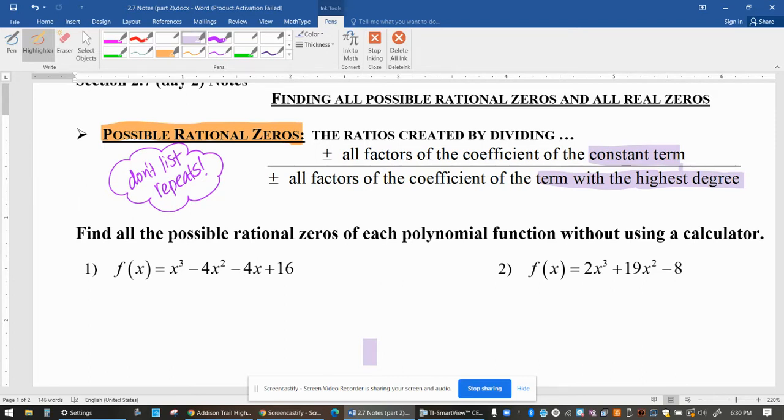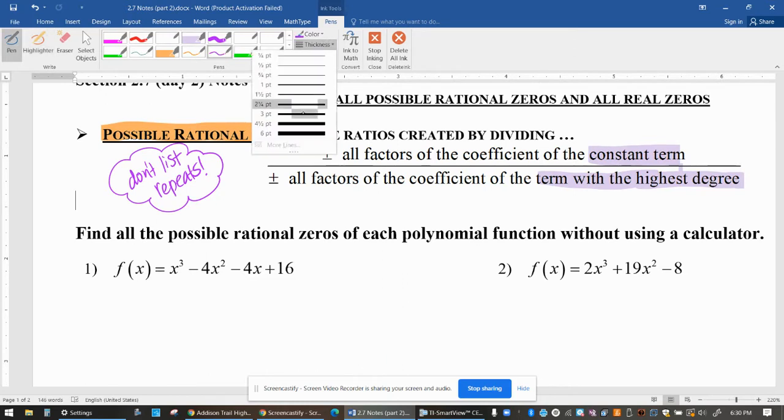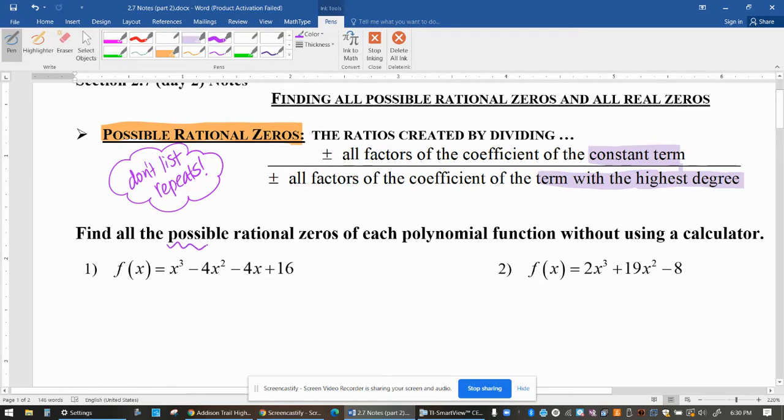They're asking you to find all the possible rational zeros. Remember, the word rational is another word for fractional. Rational numbers are any number that can be written as a fraction. Now, you have to do this without using a calculator.